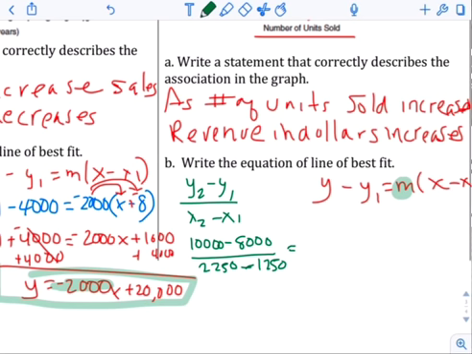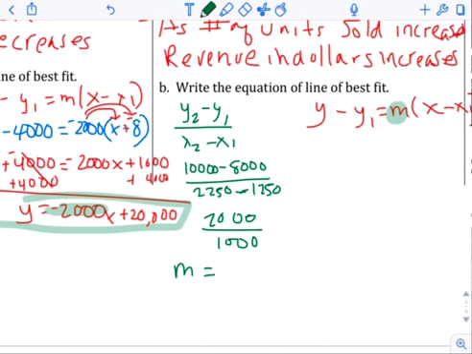So that's basically 2,000 over 1,000, which gets the slope to be 2.